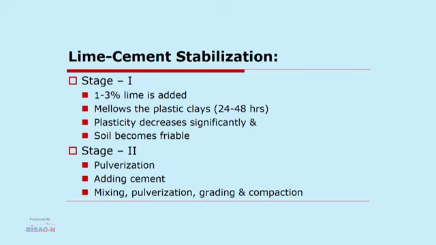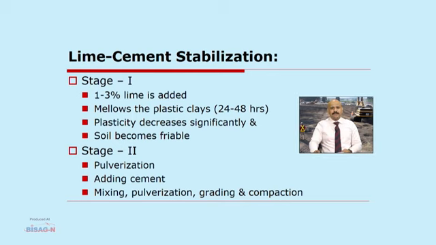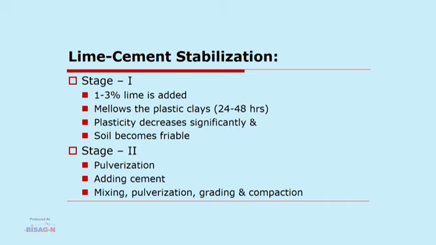A combination of lime and cement stabilization can also be done in 2 stages. Stage 1: 1 to 3% of lime is added, then it mellows the plastic clay for 24 to 48 hours, plasticity decreases significantly and the soil becomes friable. Stage 2: pulverization, adding cement, mixing, pulverization, grading and then compaction.